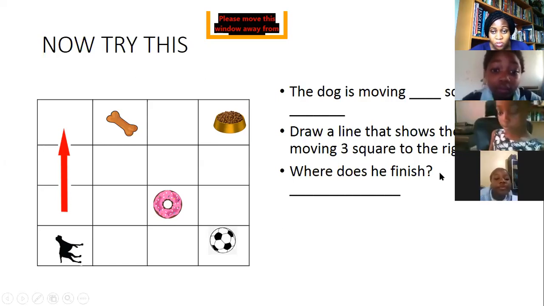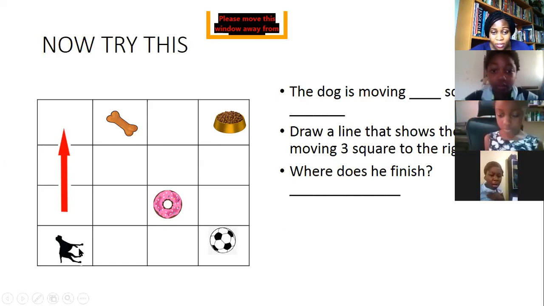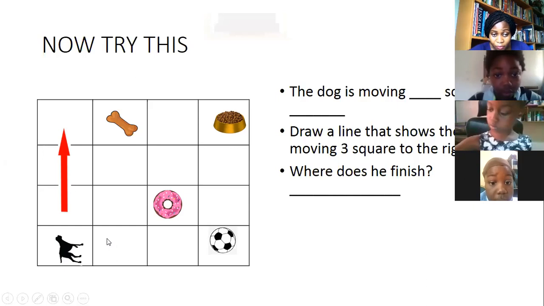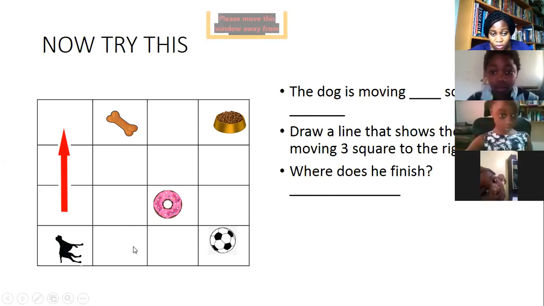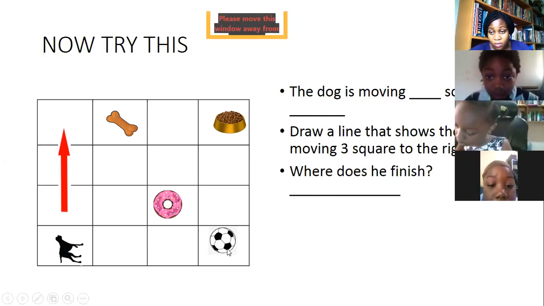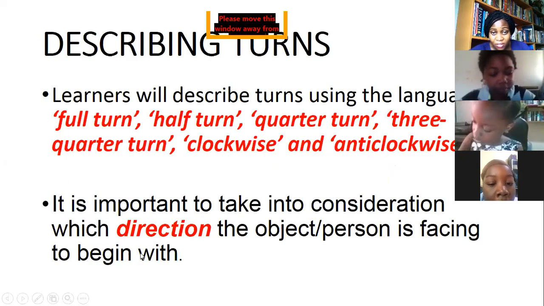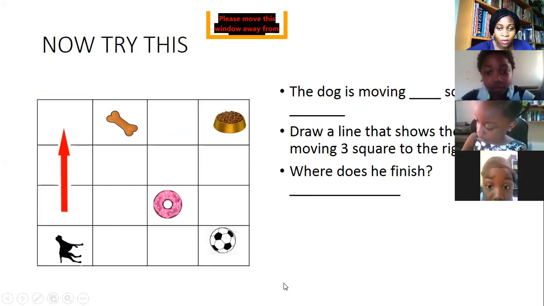So it means we are going to draw a line, 3 squares. So 3 squares from the dog will mean your line will begin from this square, which is the first square on the right hand side of the dog, to the football. That will be 3 squares. Okay, so automatically we have answered the next question.